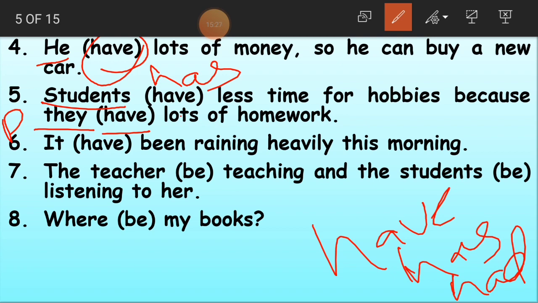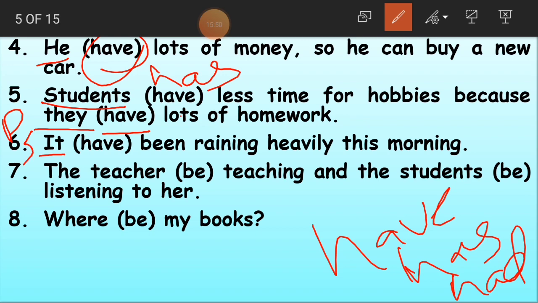It dash been raining heavily this morning. Here we have to change this have. Been raining heavily this morning. So what is it here? Is it singular or plural? Yes, this one is a singular form.